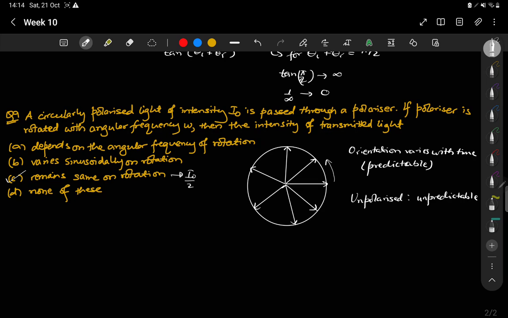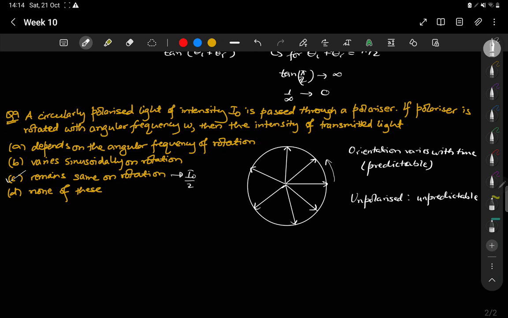Like this, it could just completely be random, unpredictable. So if you know the orientation at t equal to 0, you cannot predict the orientation at some time t. So that's the difference between circularly polarized light and unpolarized light.